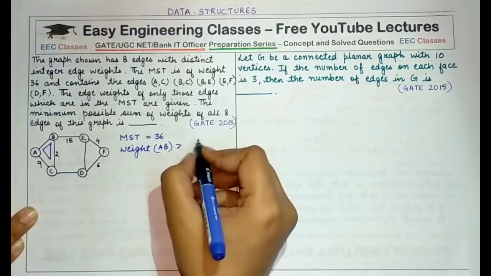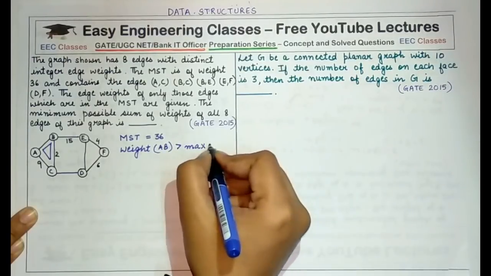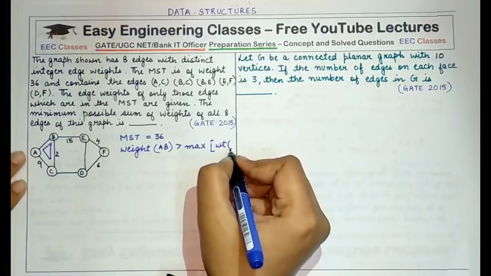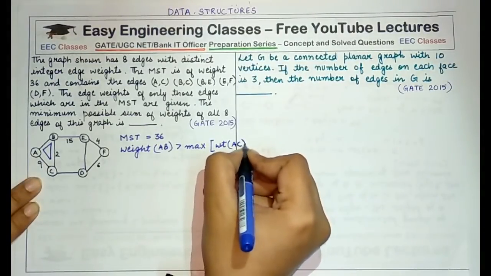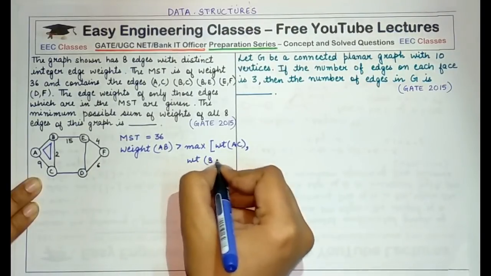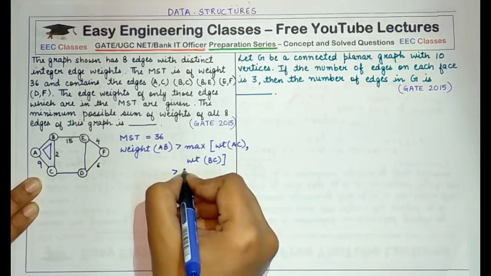So the weight of AB must have been greater than the max of the weight of AC and the weight of BC. And what is the max out of the 2? The max out of the 2 is 9.